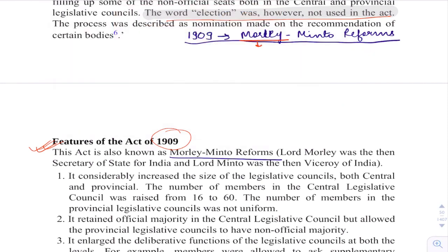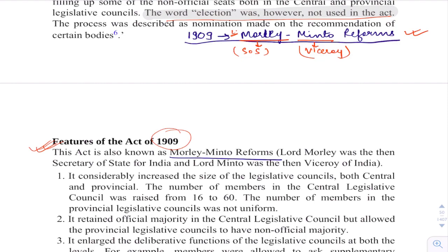The name of the reform was Morley-Minto reform. But who were these persons? Lord Morley was the Secretary of State, and we have already read a lot about this position. Then you have Lord Minto, who was the then Viceroy.